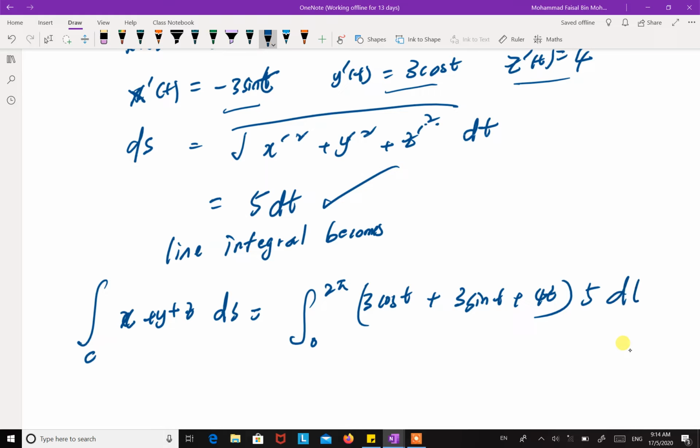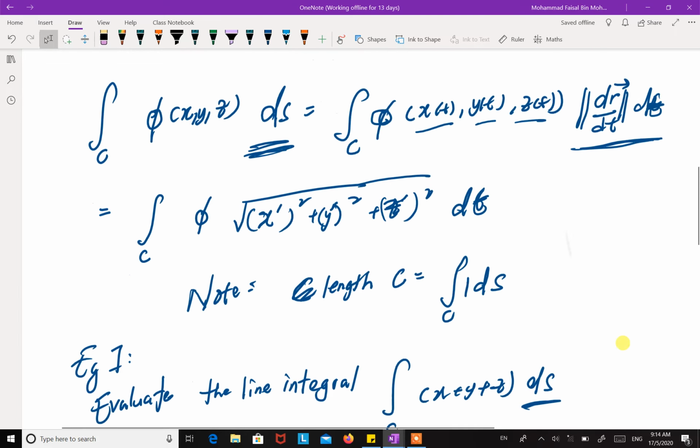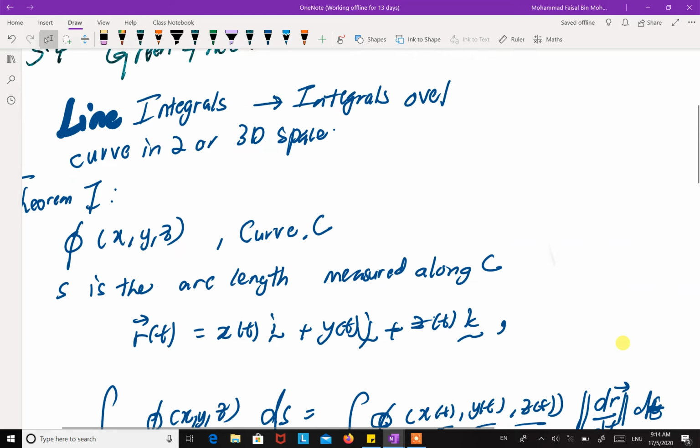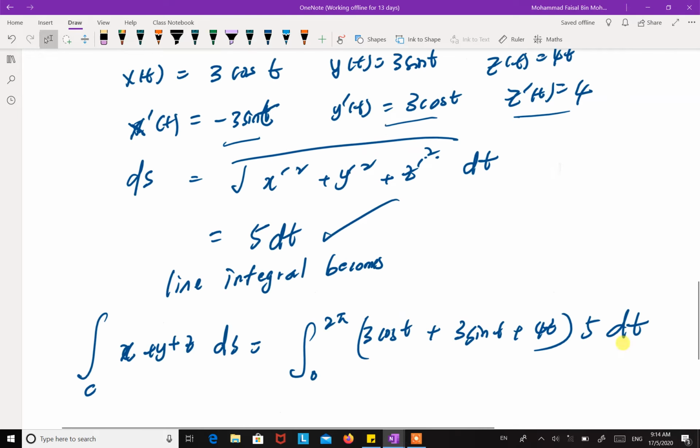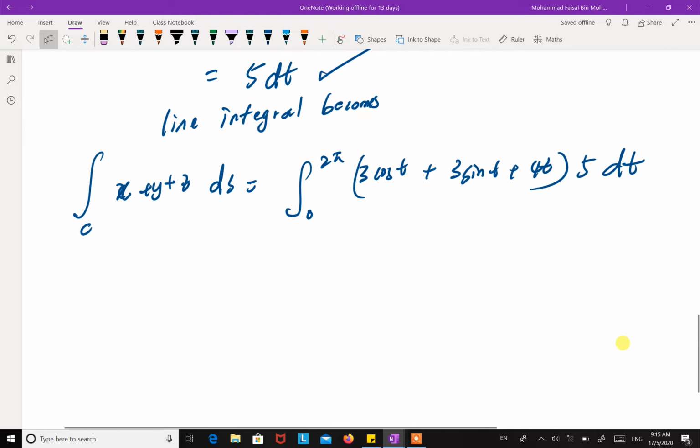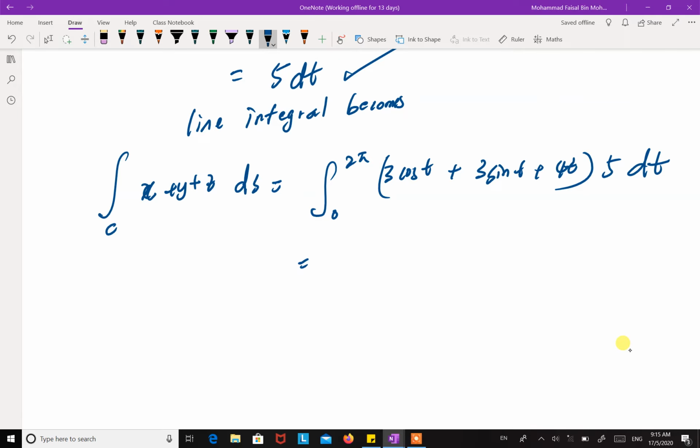So don't get confused, please remember the formula and understand it. If you solve this, I leave it to you because you have learned it in engineering mathematics 1. So we have 40 pi squared.